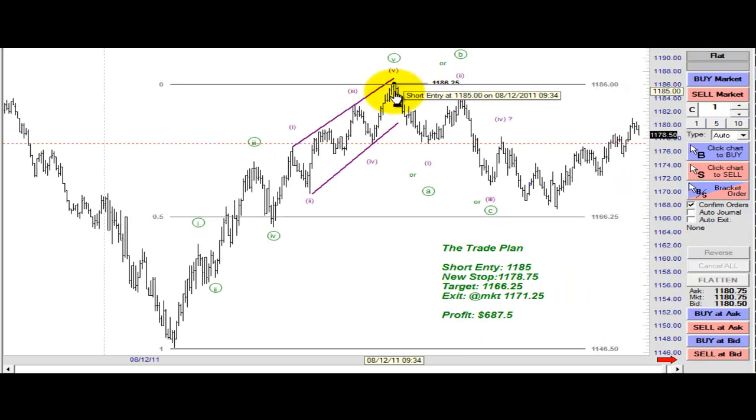Shown here is my short entry at 1185 at 9:34 a.m. At this point, we don't know if I've labeled the top correctly, but what we do know is I'm looking for at least a minimum of 3 waves down if I'm wrong. So I've labeled the structure accordingly, either wave 1 or A, 2 or B, and 3 or C.